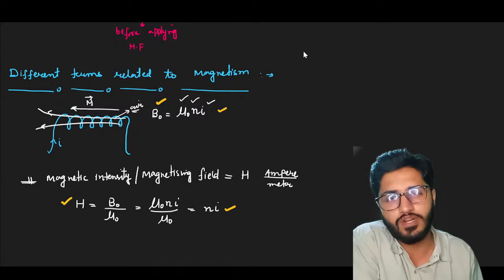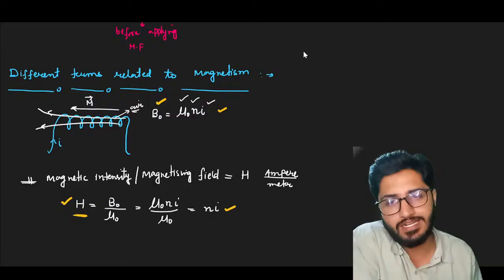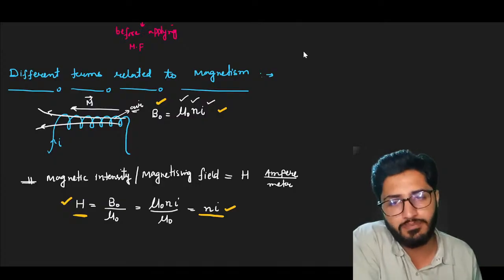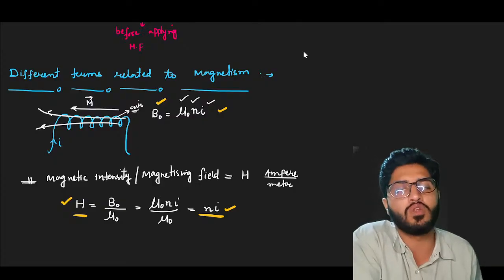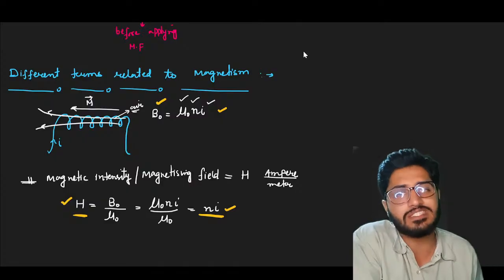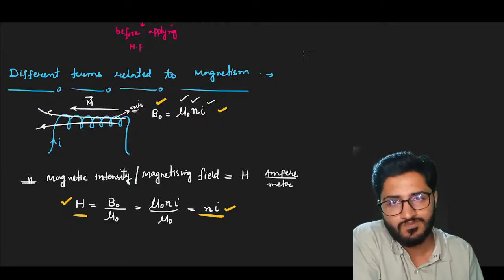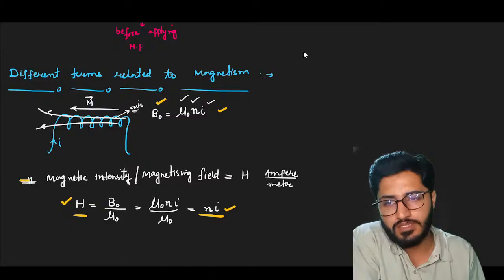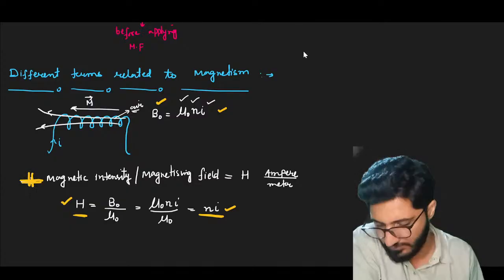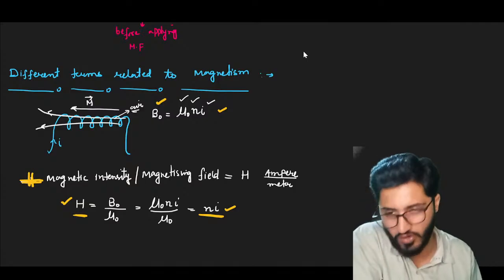And you can see the magnetic intensity is independent of the medium, because we don't have any mu naught here. Mu naught means it depends on the medium. If there is no mu naught, it is independent of the medium. So one term is magnetic intensity.